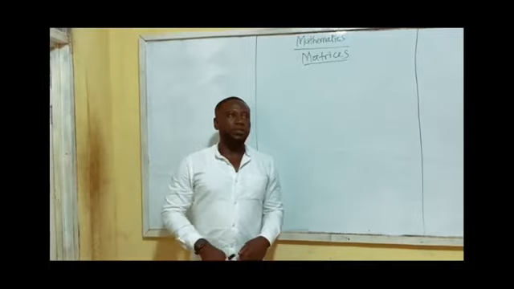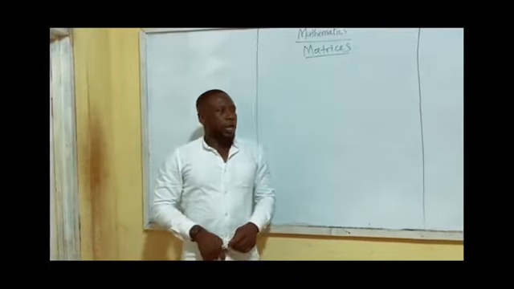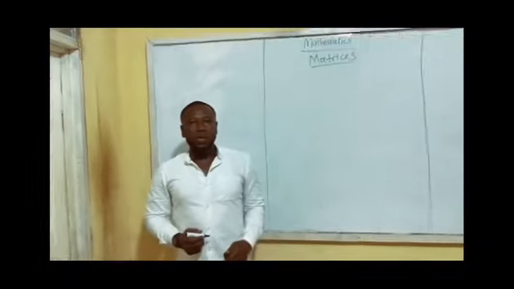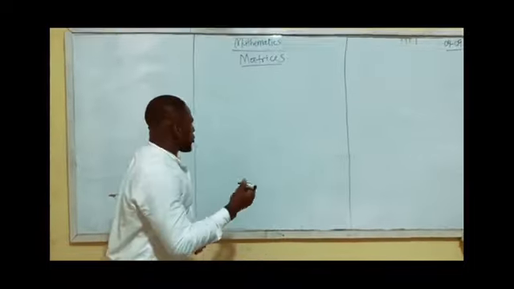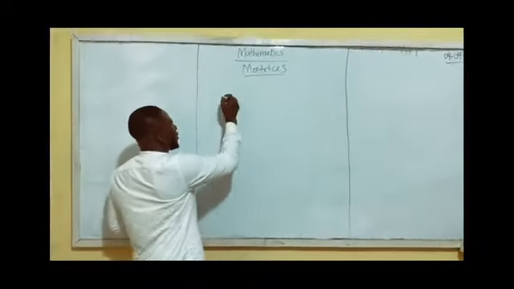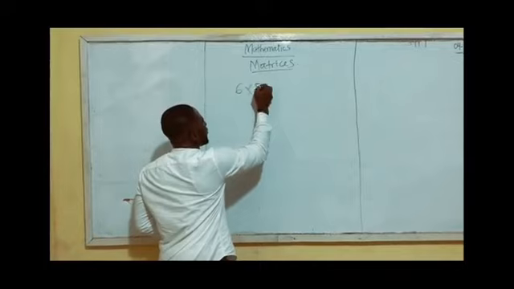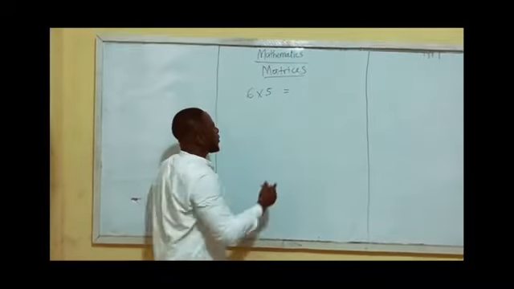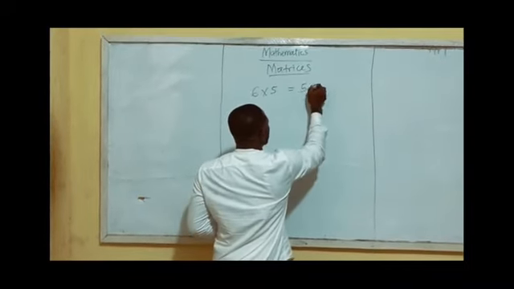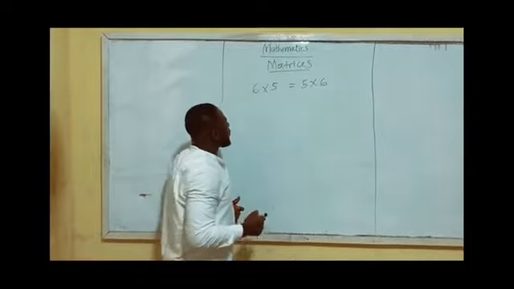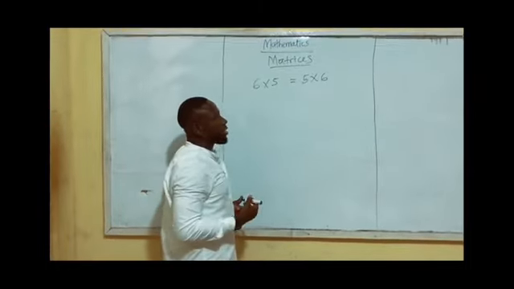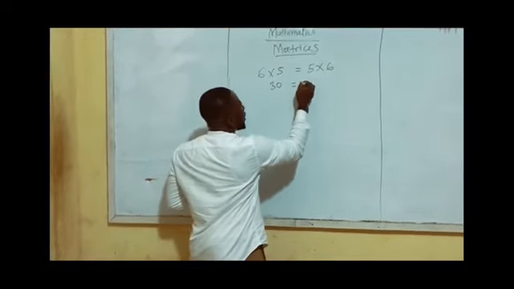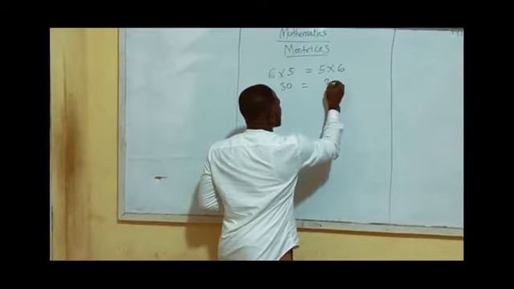And students, from their experience with multiplication of numbers, know that if I am multiplying 6 by 5 and then change the positions to get 5 multiplied by 6, the result is the same: 30.